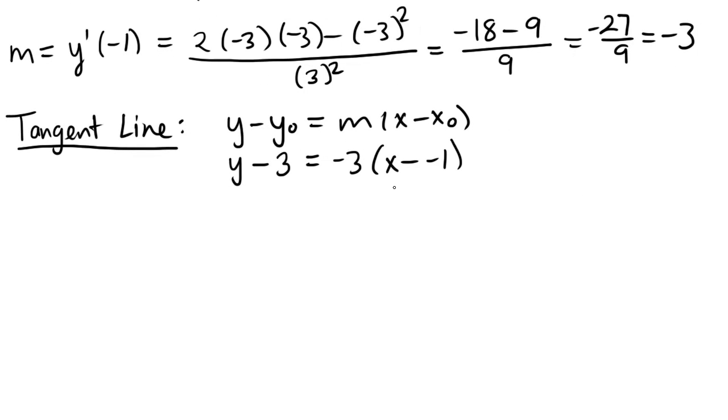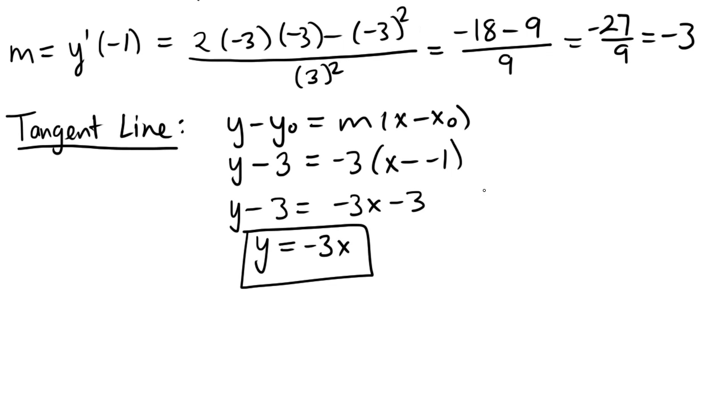If we simplify that, what do we get? Minus 3x. x minus 1 is really x plus 1. But then when I do negative 3 times plus 1, I get back to minus 3. These minus 3's cancel on each side, so we have y equals negative 3x. So that is our tangent line.